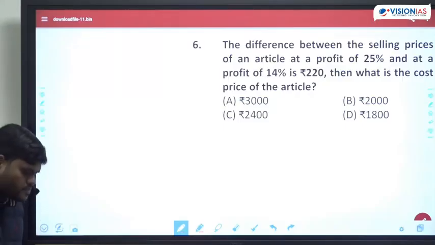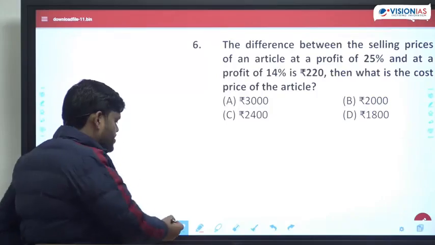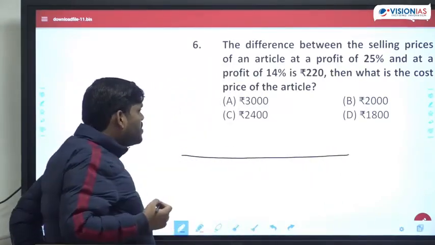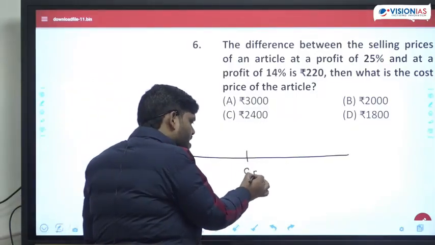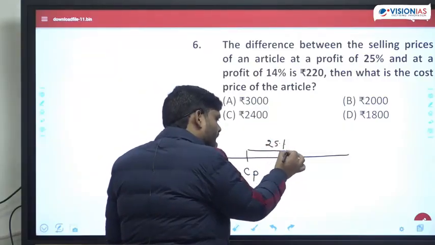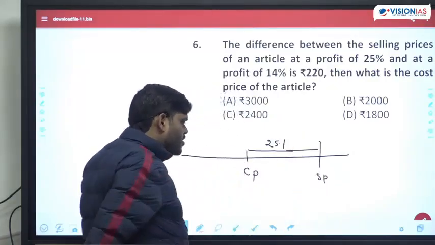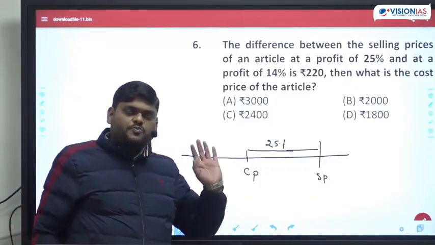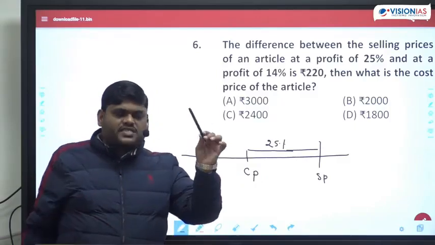Okay. See, I can solve this question. Suppose this is your line, and this is CP, and now there is a 25% profit. When you add profit to CP, you will get SP or not? CP is 100 rupees, the cost of this pen.